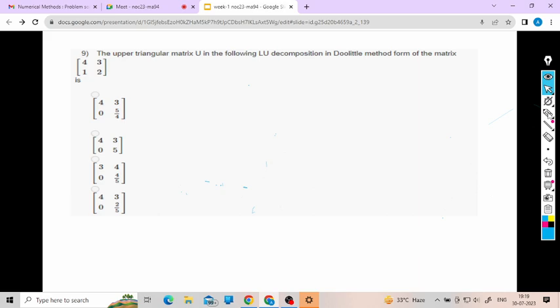Then for which value of a will the Jacobi and Gauss-Seidel methods converge? Is it when modulus of a is less than or equal to 1, or greater than or equal to 1, less than 1 or greater than 1?